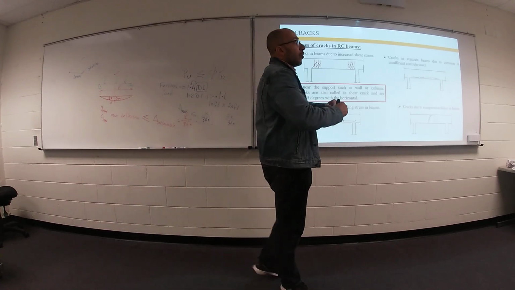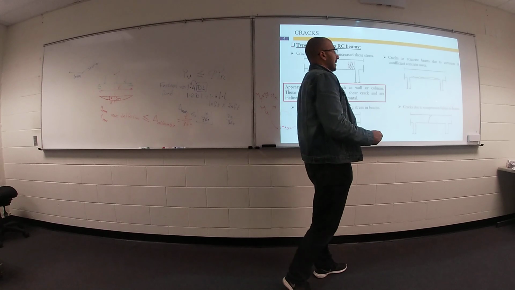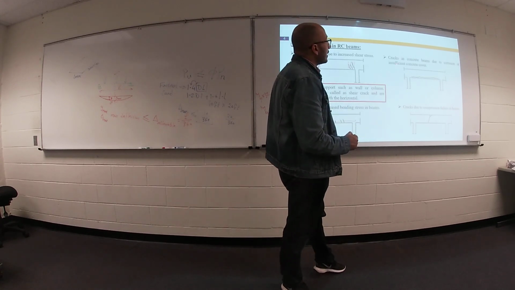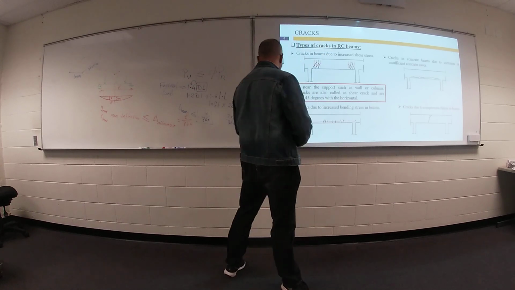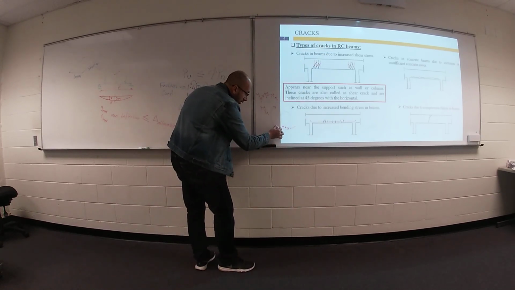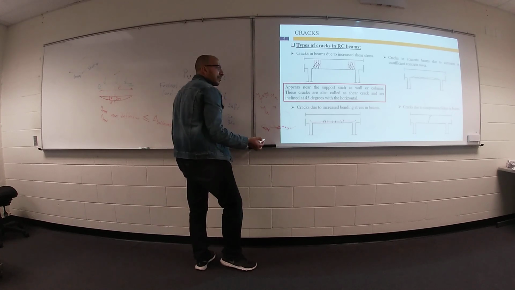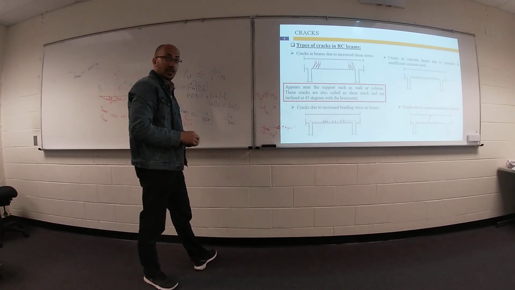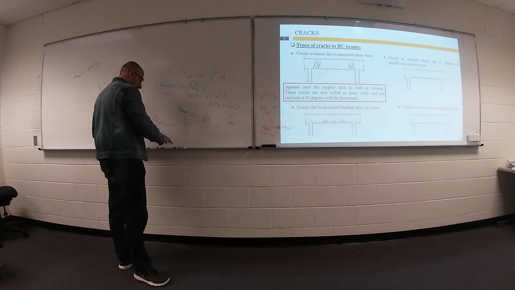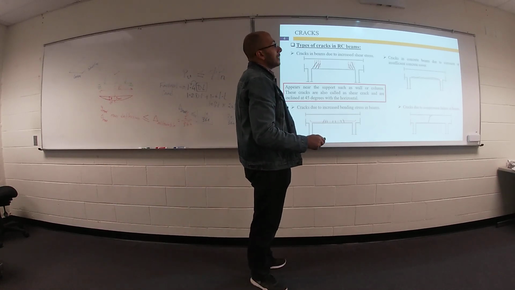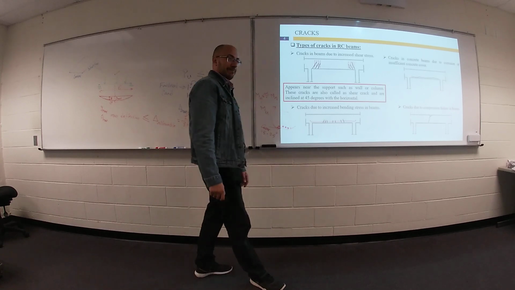This corrosion will make this type of crack. Or you didn't provide enough concrete cover. As you remember, we have something here called cover, something around 1.5 to 2.5 inches. If you did not provide enough cover, you can expect this shape of cracks.